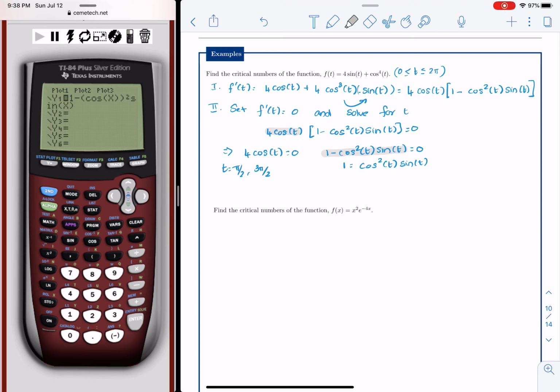I'm using x instead of t, and I would like to find where this becomes 0. And you should see something now. I don't know if you're seeing that. Let's set it to 0 to 2 pi.